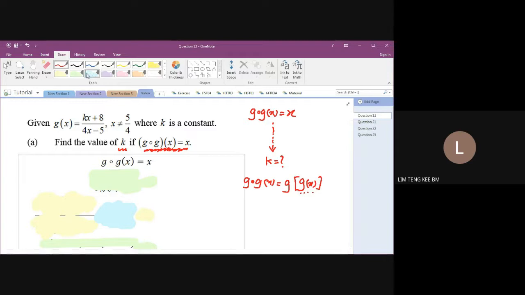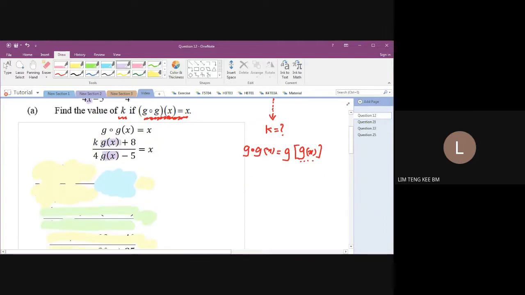I consider the part that has x in the function g now. All the x, I want to erase it. All the part that I highlighted in purple here, I would like to erase it and replace with g(x). As a result, it will be k multiplied by g(x) plus 8, over 4 multiplied by g(x) minus 5. As we see, the x is being substituted as g(x).